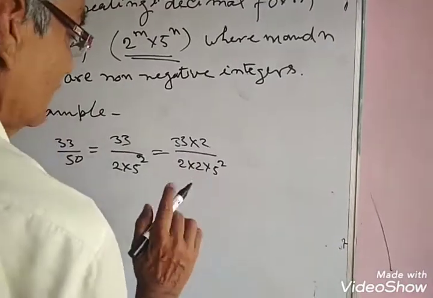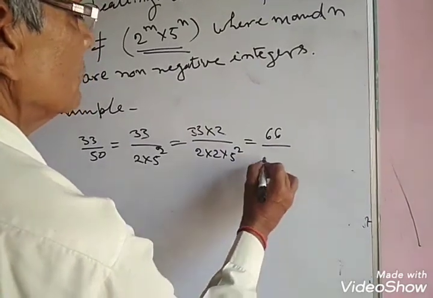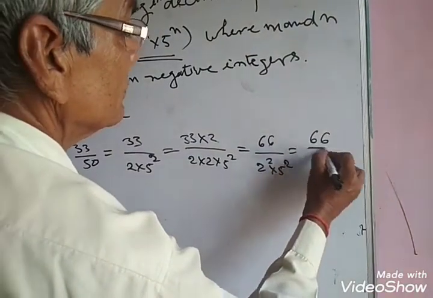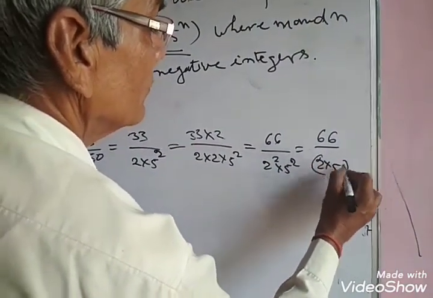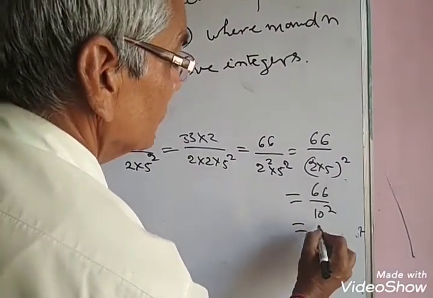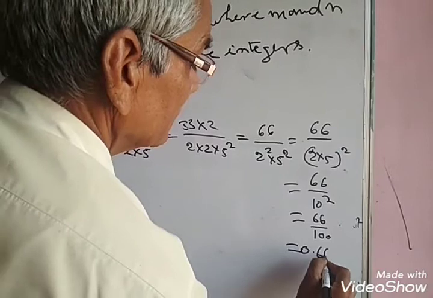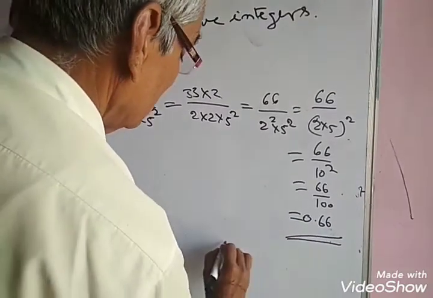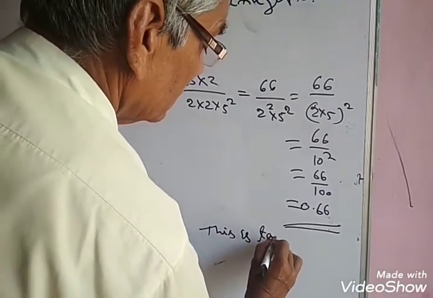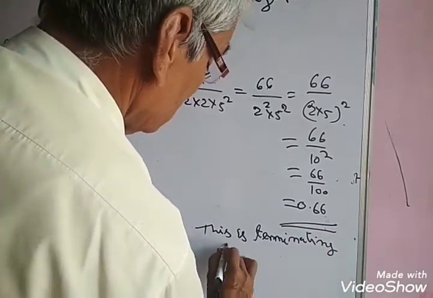This is 66 by 2 to the power 2 into 5 to the power 2, which is 66 by 10 to the power 2, that is 66 by 100, equal to 0.66. This is the terminating decimal.